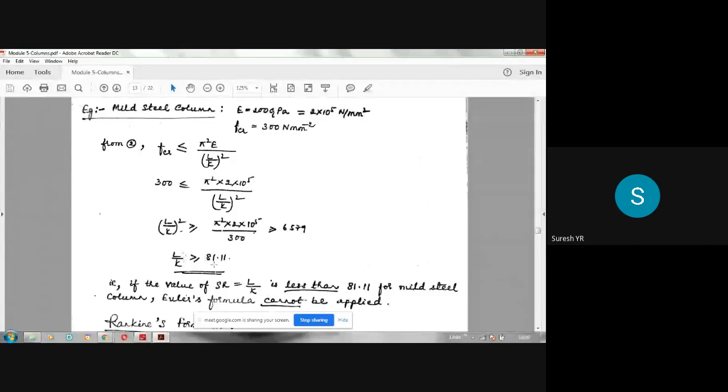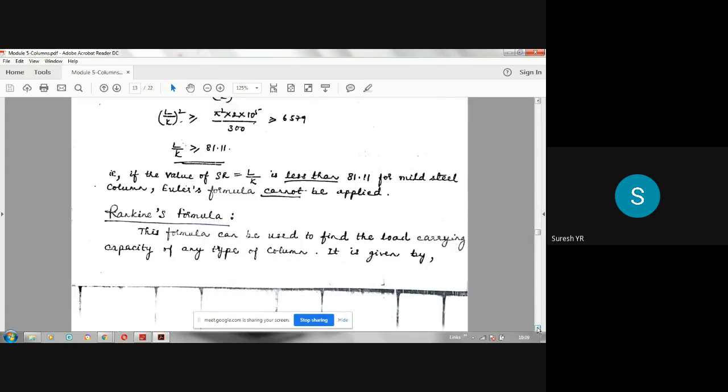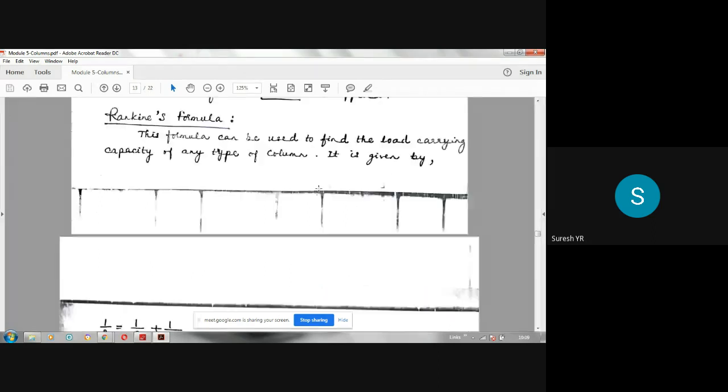Similarly for RCC column, you will be having some value of FCR, you will be having some value of E. So substitute that here. You will be getting a value for L by K for RCC also. So Euler's formula cannot be applied for an RCC column which has got a value of L by K less than that. So it is valid only if it is greater than or equal to this. So we have seen that in general, Euler's formula cannot be applied for short columns.